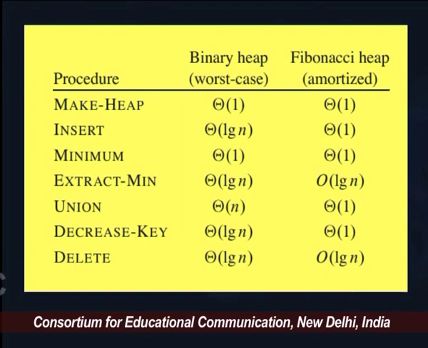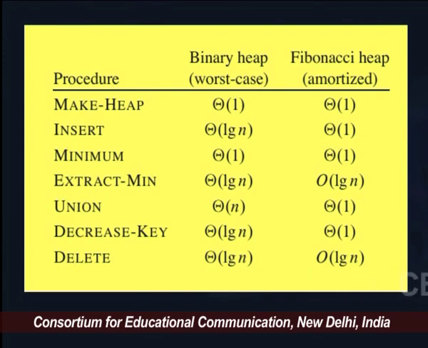Then the third in line is the display of minimum. Both the binary heap worst case and the amortized analysis of Fibonacci heap give theta 1 for printing the minimum value.